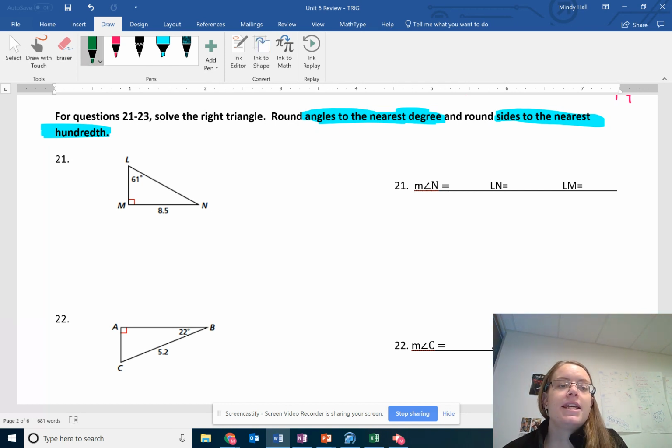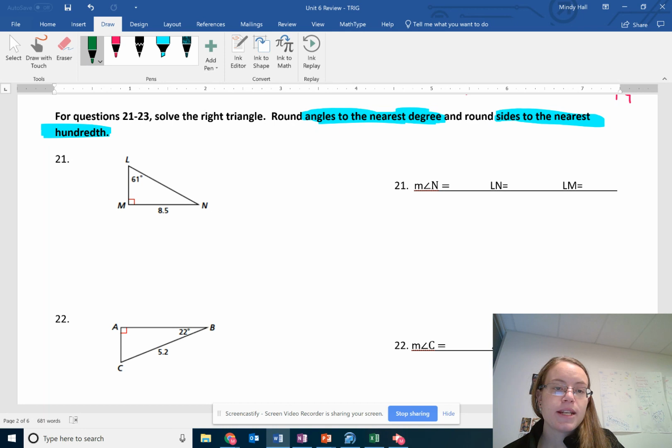But in number 21, because we are given an angle, we can just subtract from 180 in order to find it. If we were not given the 61, but we were given, like, let's say this side was 5, then you would use inverse trig and find them that way. So like if we were finding angle L, it'd be opposite over adjacent, so then you'd have to use tangent. But good news is you were given an angle.